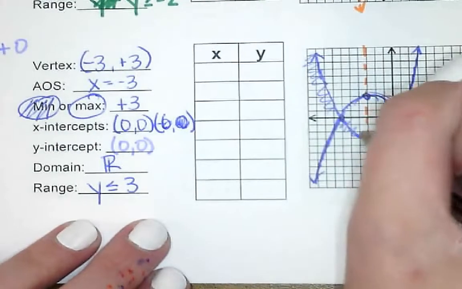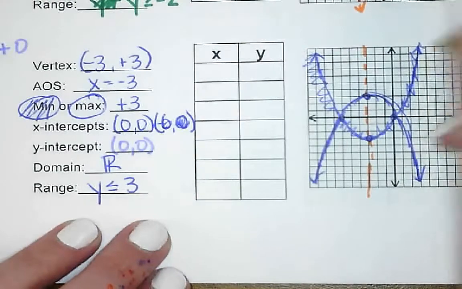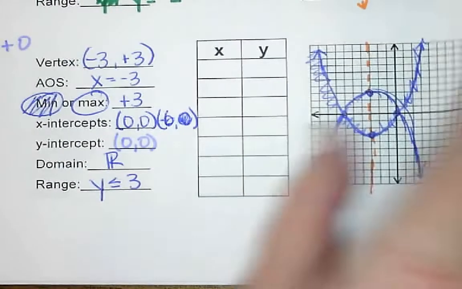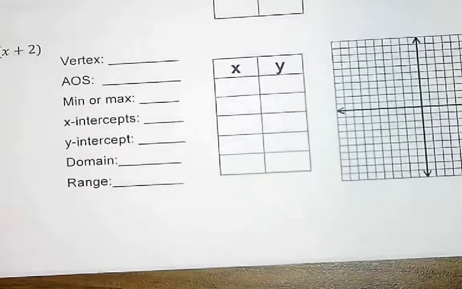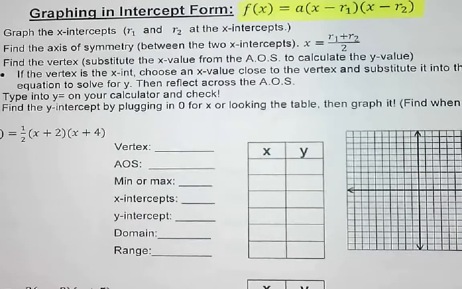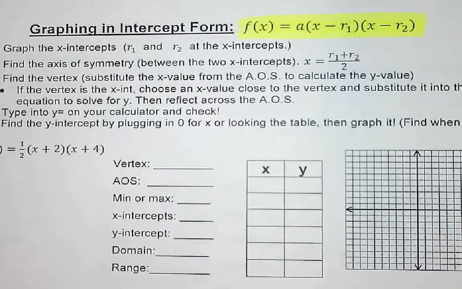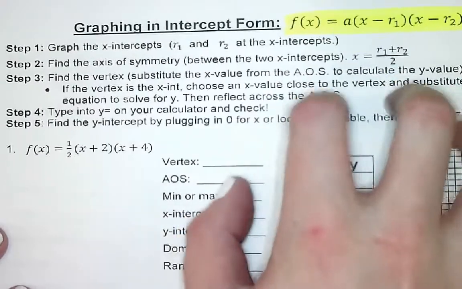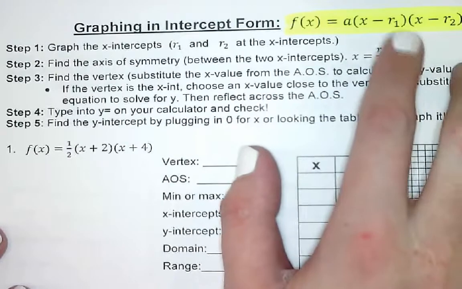All right? So now, guys, I have one more thing that I want to talk to you about. For this one, I want to talk a little bit about intercept form. We're not going to do a lot of graphing here. But when you're on your Delta Math, there's going to be some multiple choice questions about intercept form.